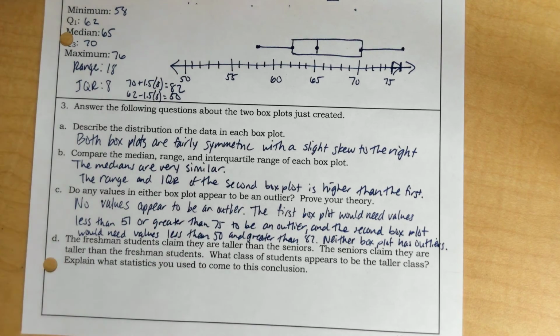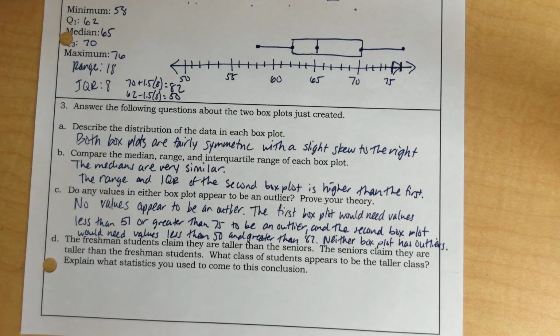All right, now the next section, the last question here. The freshman students claim that they are taller than the seniors, and the seniors claim that they are taller than the freshmen. So what class of students appears to be the taller class? Here is where you are going to input your opinion and give justification. There could be a lot of different answers here.